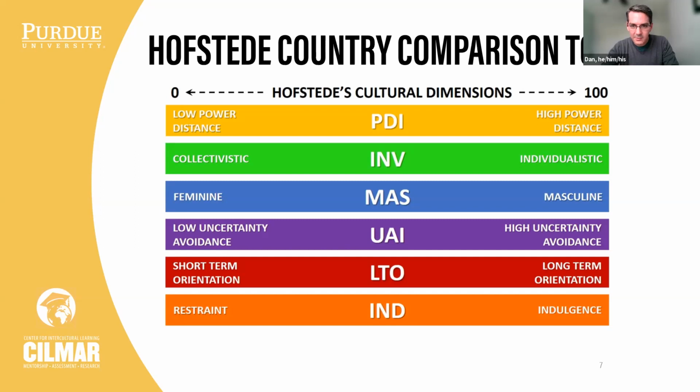It is here. So this is the Hofstede website, Hofstede Insights, where you can go in and, oops, trying to get to the screen here where I can move stuff around. I'm not sure why I'm having issues. Let's see if I can resize this.